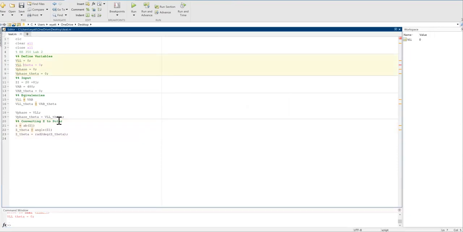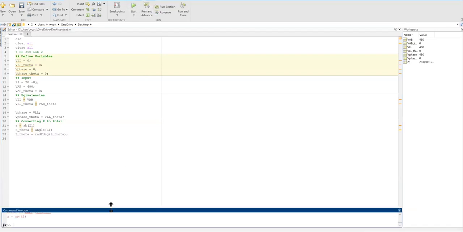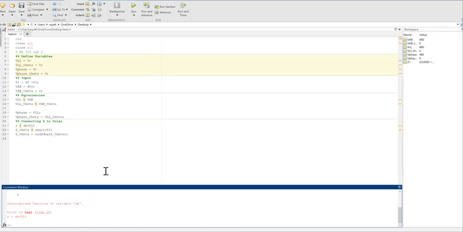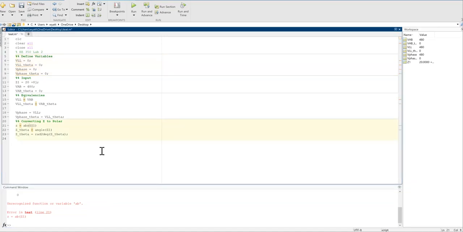Oh, oops. It's good to run your code every once in a while because you're able to go through and see what's actually wrong with your code. As you can see here, we do have a problem. Oh, abs, absolute value. As you write code, you do tend to forget things as you go along.